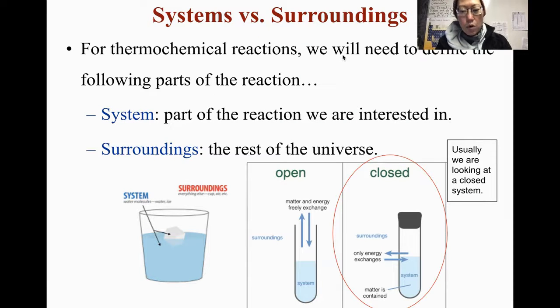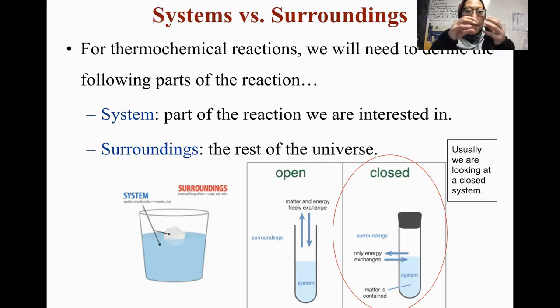One of the important parts of thinking about heat transfer and energy transfer is distinguishing the system from the surroundings. So the system is the specific reaction or the object or the process that we are studying.